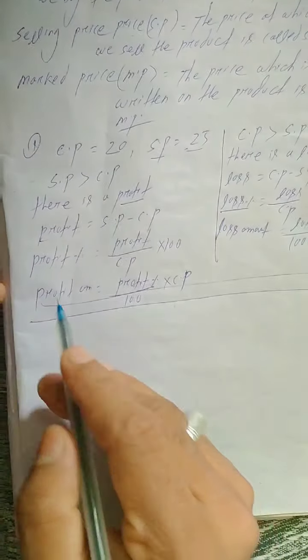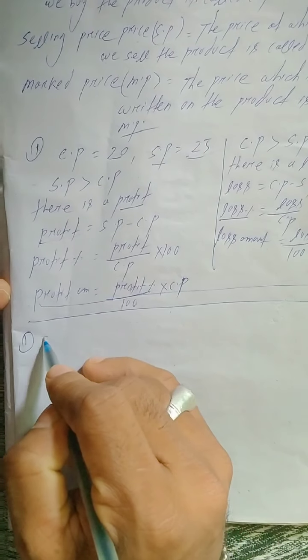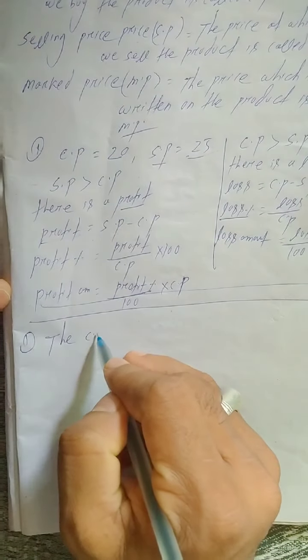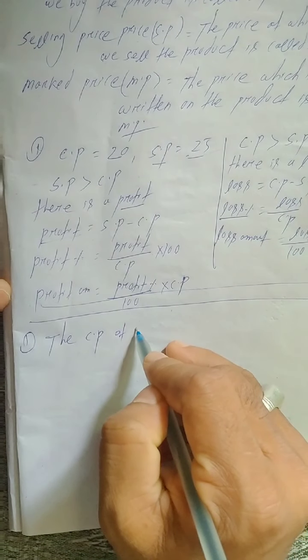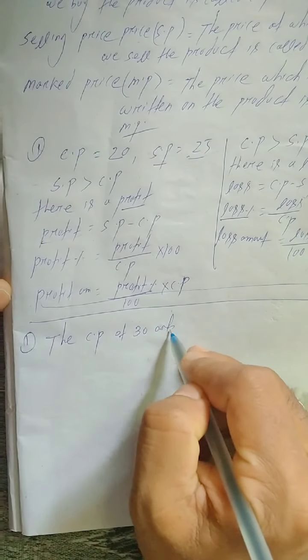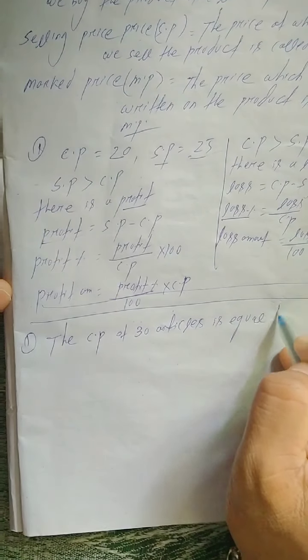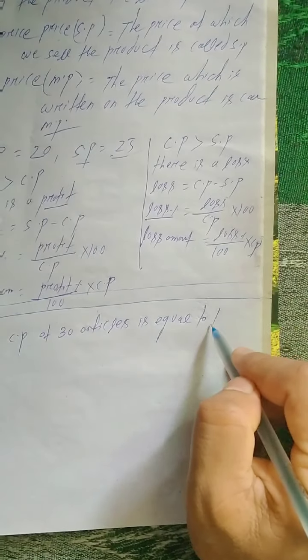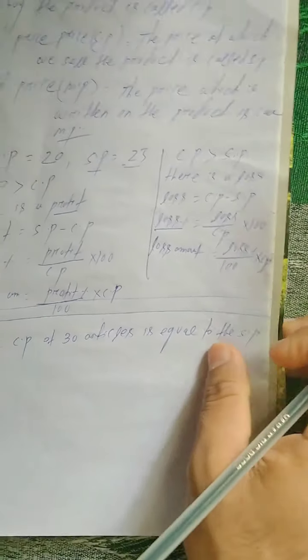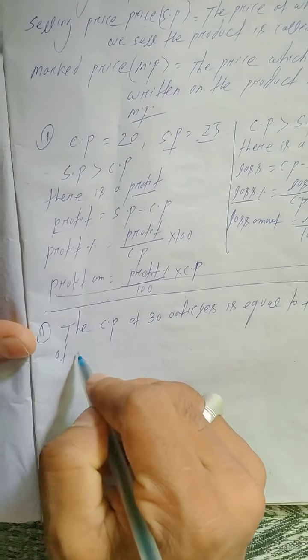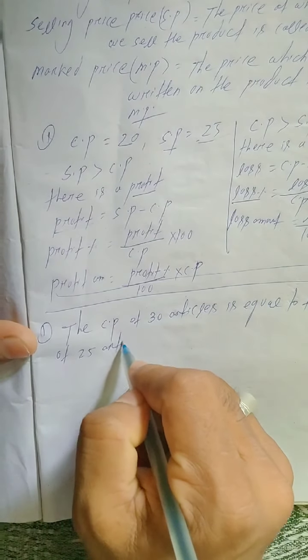Suppose there is a question: the CP of 30 articles is equal to the selling price of 25 articles.